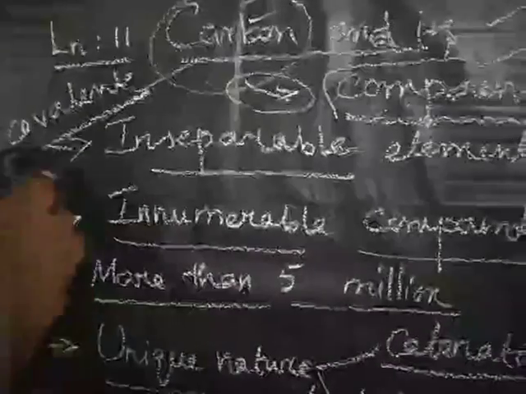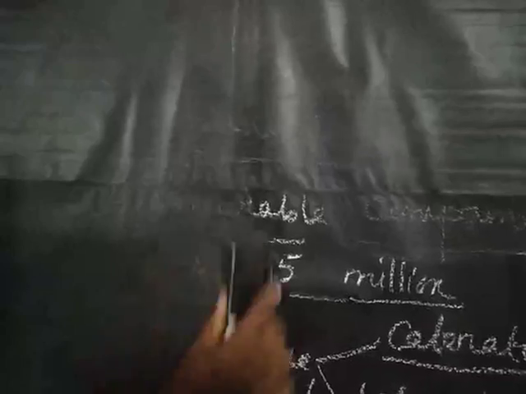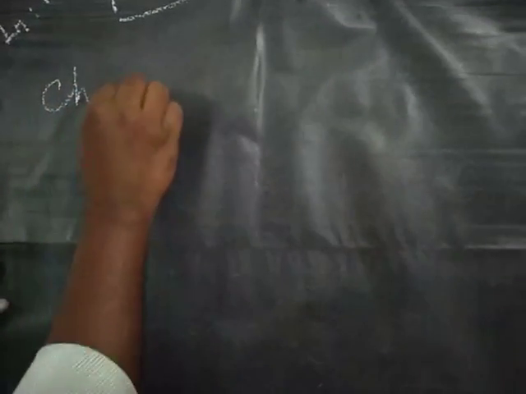Next, characteristics of organic compounds. What is meant by characteristics? Characteristics means the behavior of the organic compounds.